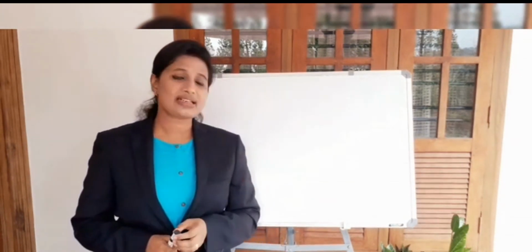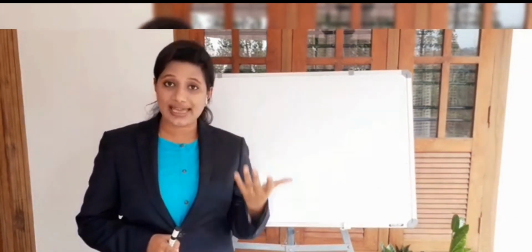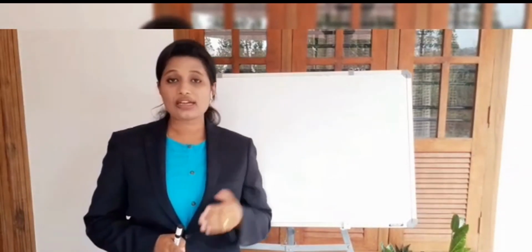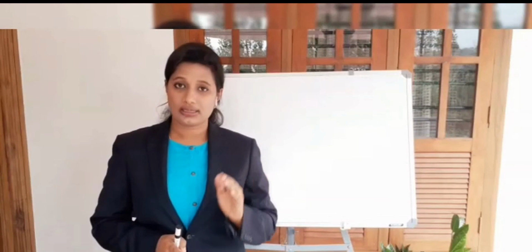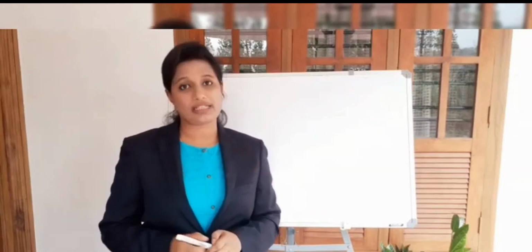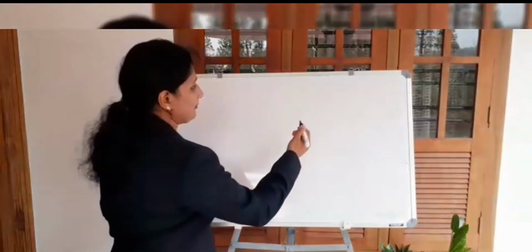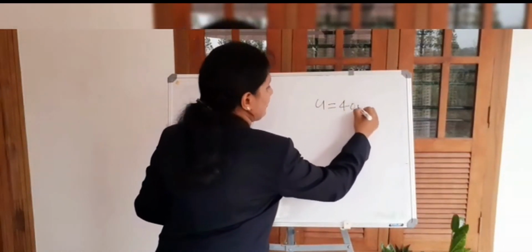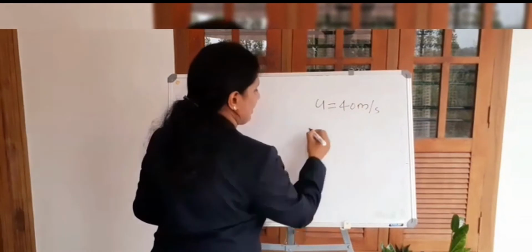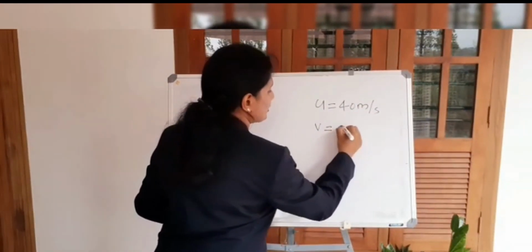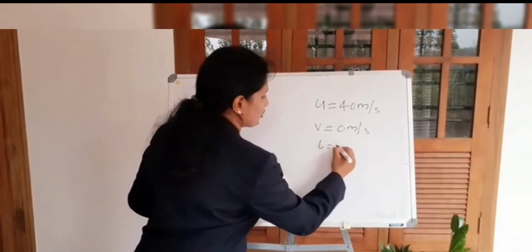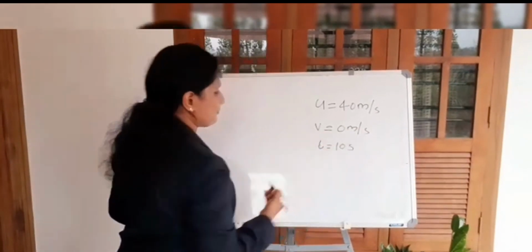From the statement it is clear that the object was moving with a velocity of 40 meter per second, then came to rest, or changed to a velocity of 0 meter per second. So, initial velocity u is equal to 40 meter per second, v is equal to 0 meter per second, and time is equal to 10 seconds.